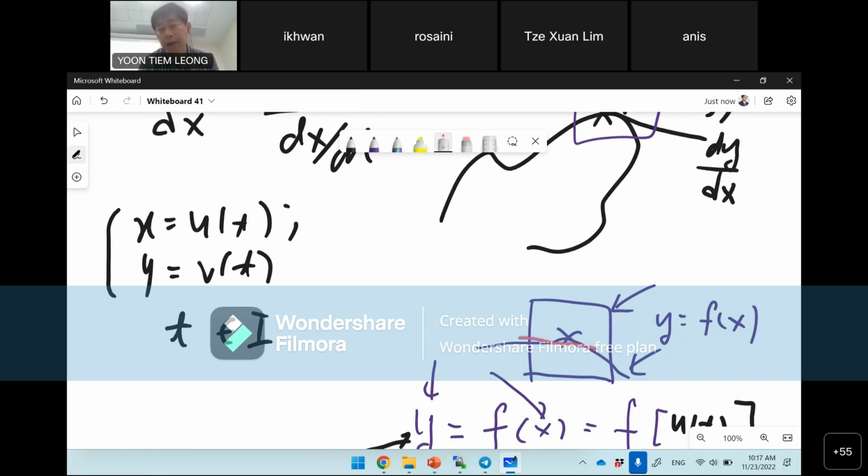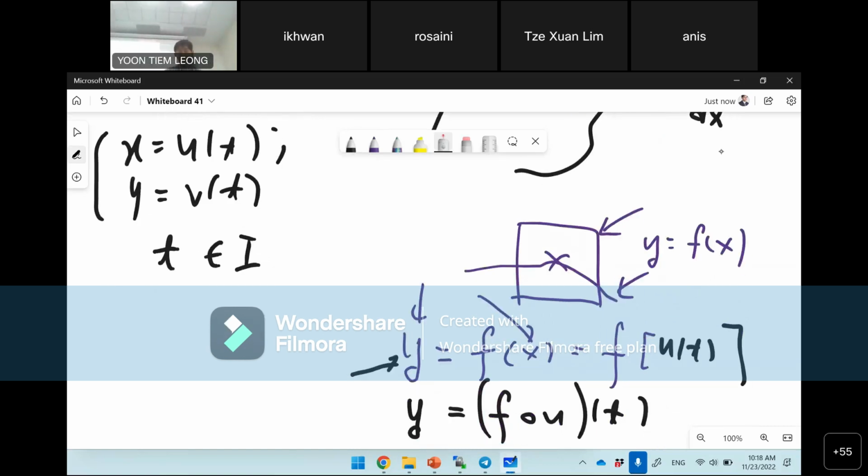And with this assumption, the coordinates y and x are related by this function f.